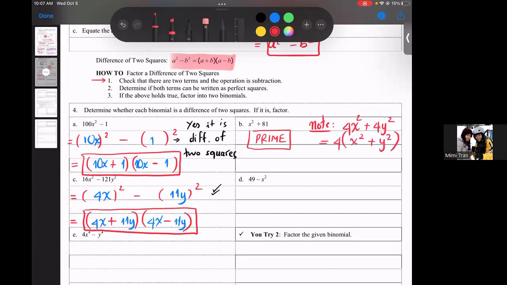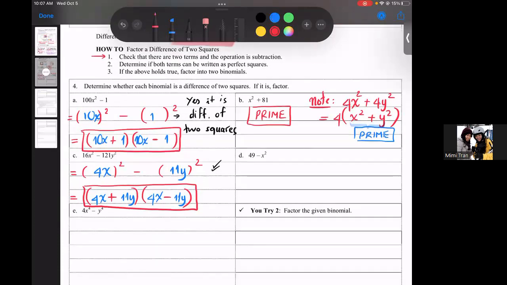Now it is prime, right? So like yes and no. But before you can say prime, you have to factor the 4 out. So be careful on the exam if you see something like that. Again, GCF is the first thing you're looking for. Always.